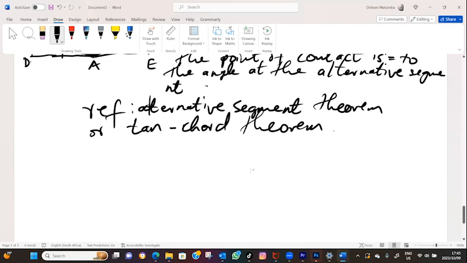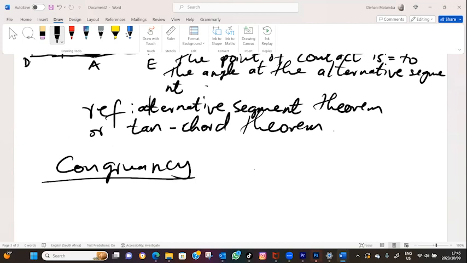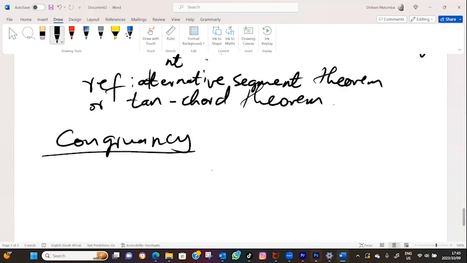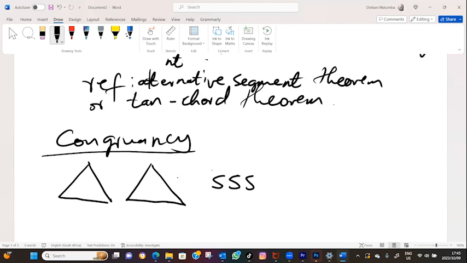So we're also going to talk about congruency, which I'm not going to touch much about it, but what we know about congruency is that congruent triangles are equal in everything. So normally, if you want to give the reason for congruency, if you can prove that the angle, the side and the side are equal, then you've proved congruency.